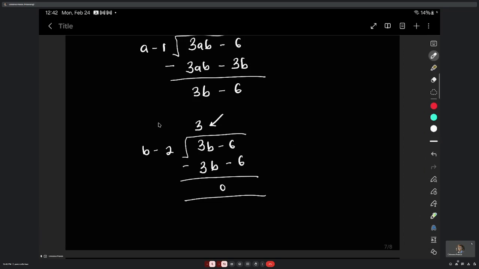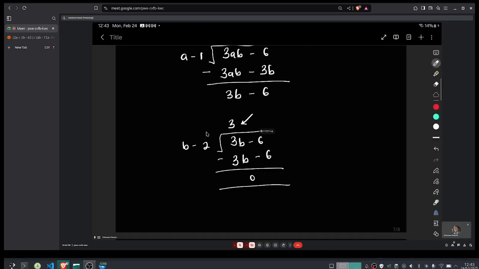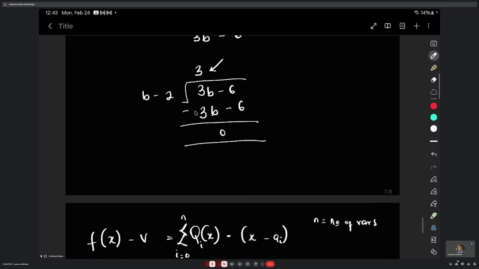Solve for C. When you partially evaluate at a variable, you're going to have a new polynomial with one less variable, right? And we continue doing like that.